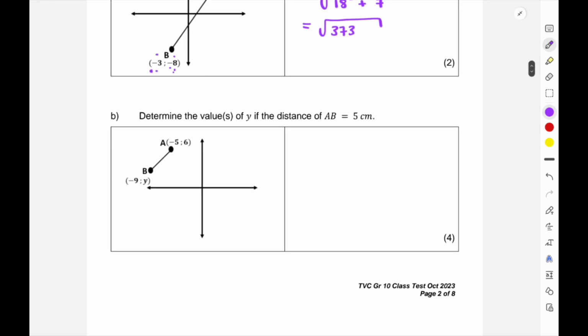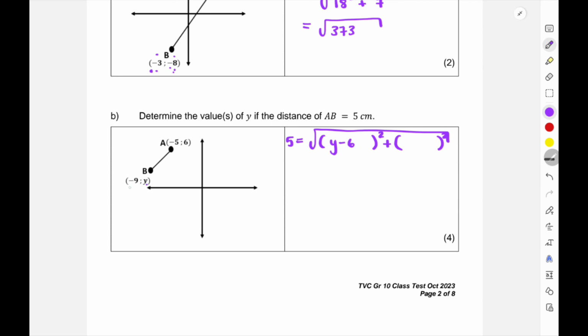And then over here, they say to determine the value or the values of y if the distance of AB is 5. So the distance is given to you as 5. And if you take the 2 x values squared plus the 2 y values squared, the difference of those two. So yeah, I'm going to start with y minus 6. I always like to put the variable first.